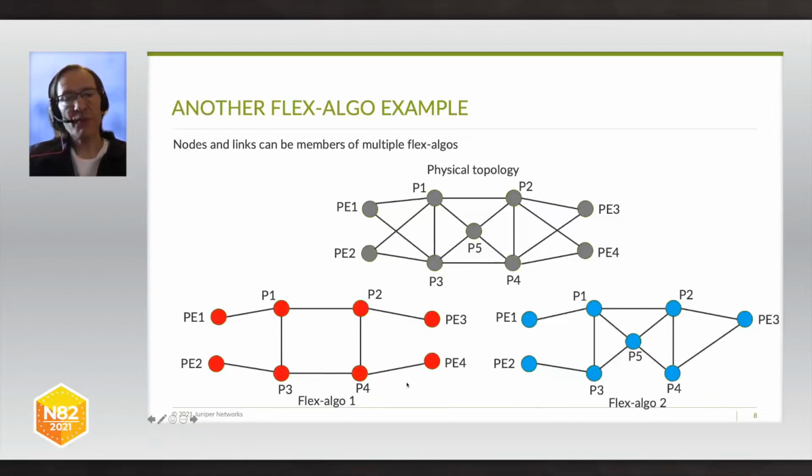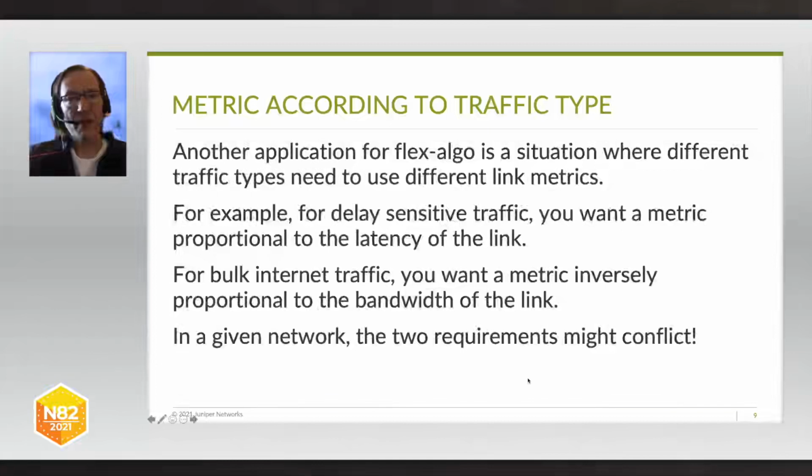And so in general, with flex algo, you can have a subset of nodes and links being members of that particular flex algo according to your particular needs. So now we're in a position where we can look at another example. In some cases, you might have different types of traffic using your common network infrastructure, and those different traffic types might have different goals in terms of what type of metric they need.